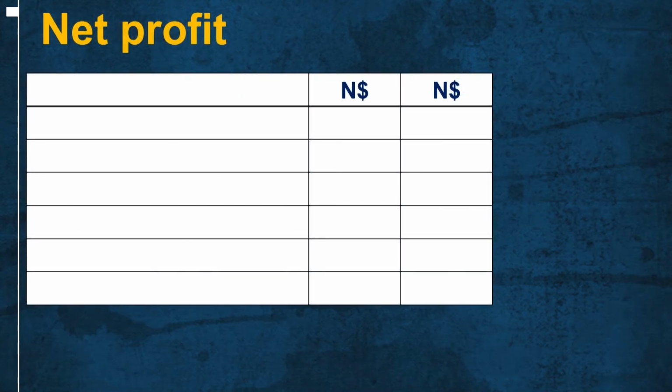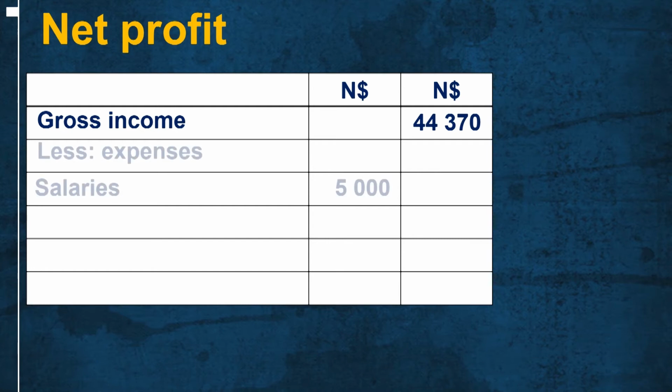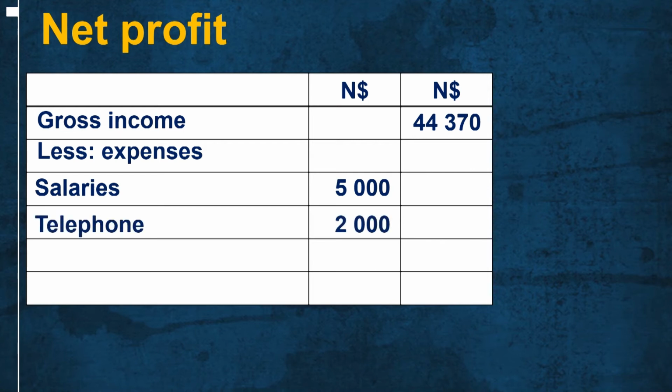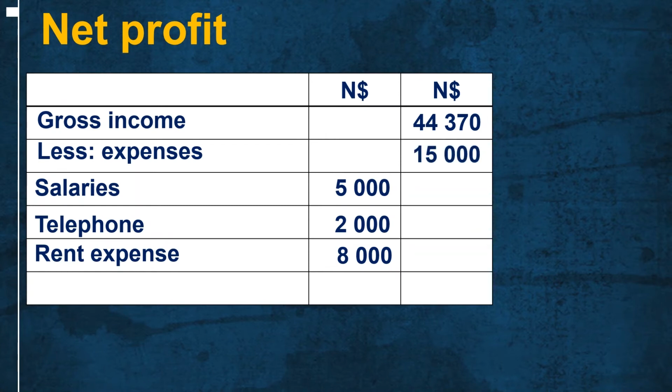To calculate net profit, we are going to take gross income of 44,370 Namibian dollars, less salaries of 5,000 Namibian dollars, less telephone of 2,000 Namibian dollars, less rent expense of 8,000 Namibian dollars. Therefore, the net profit will be 29,370 Namibian dollars.